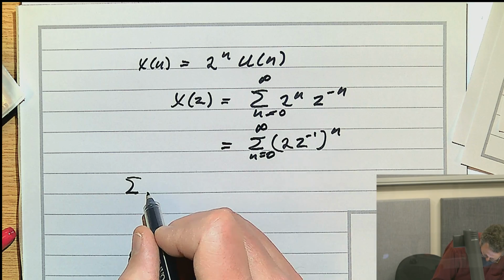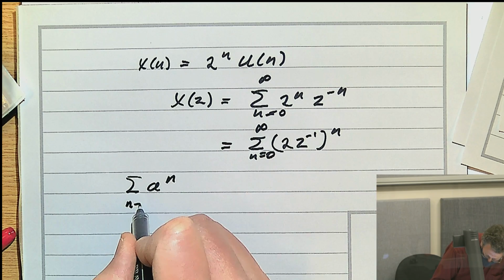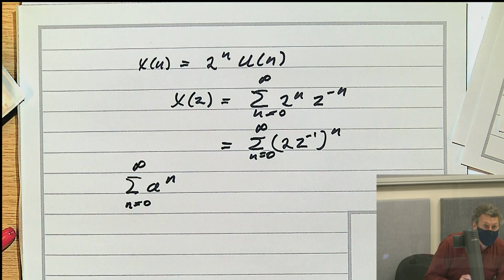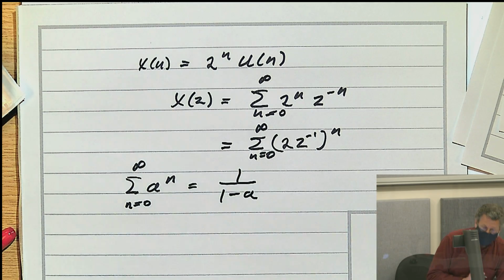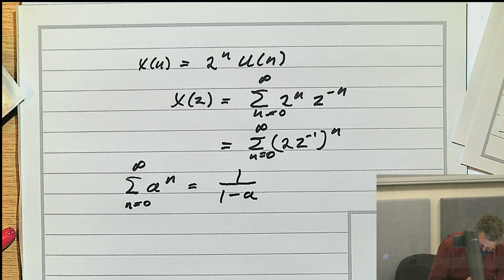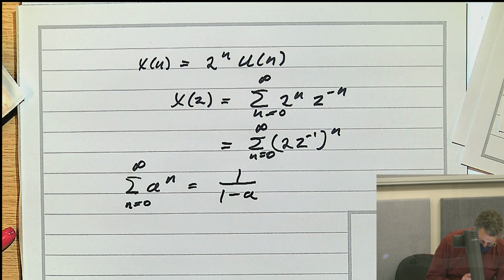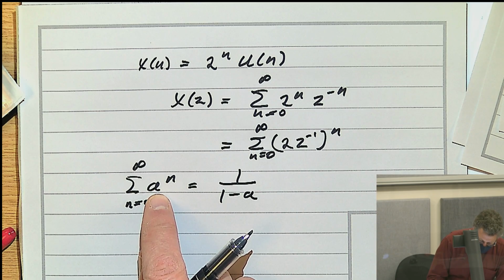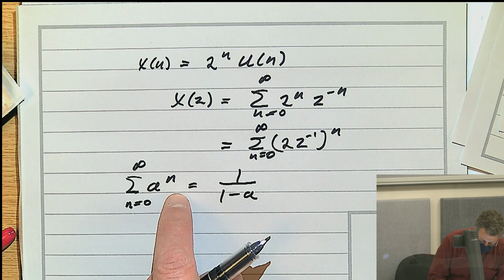So the sum of a to the n from n equals 0 to infinity is equal to what? It's 1 over 1 minus a. You should memorize that. You can prove that pretty easily, right? The way you do that is you factor out a, and you'll get a sum.